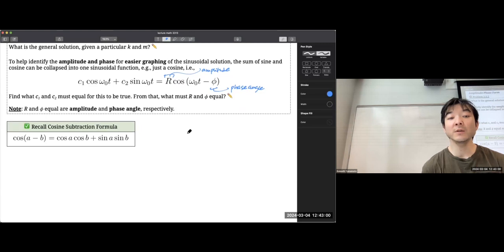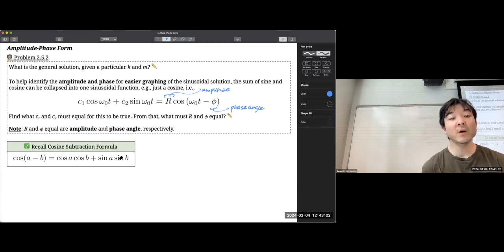The thing I'm going to use is the cosine subtraction formula. So what I'm going to say is, is there a way for me to rewrite this left-hand side into this? And if we did, what must have been our R and phi for that to be true?